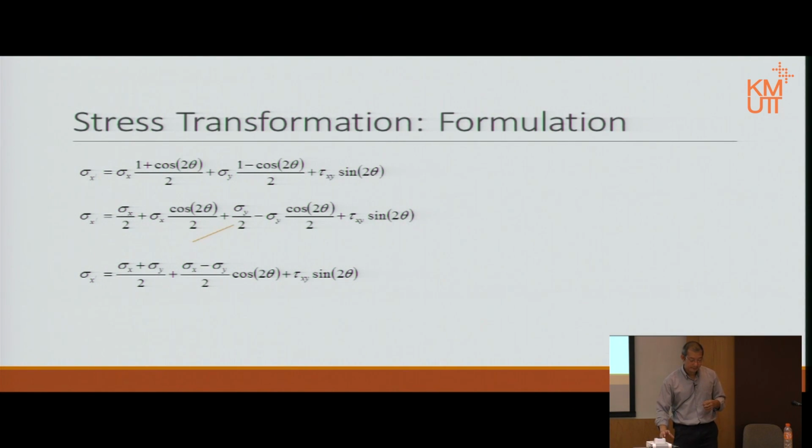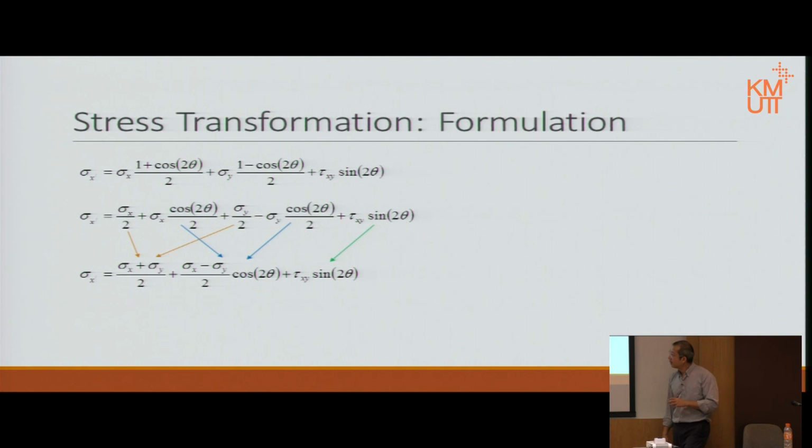Those two terms form the new first term, and the second and the fourth terms form the second new term, and of course the last term remains exactly how it is.